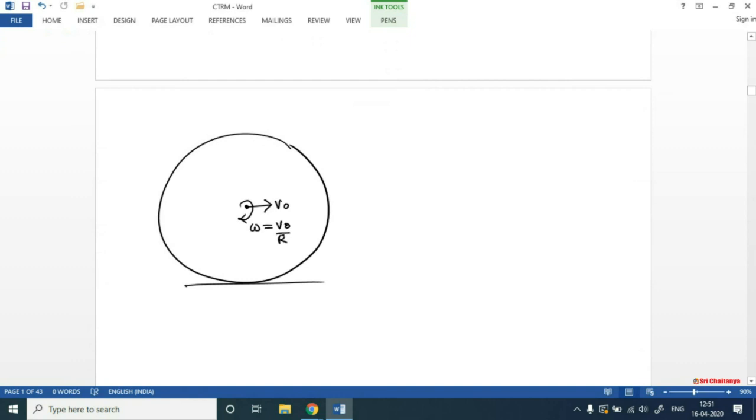Let its moment of inertia about the center of mass, I_C, be m k square, depending upon whether it is a ring, disk, hollow sphere or solid sphere, the value of k would be different. Its mass is m and its radius is r. So we wish to find the kinetic energy of this rolling round body.